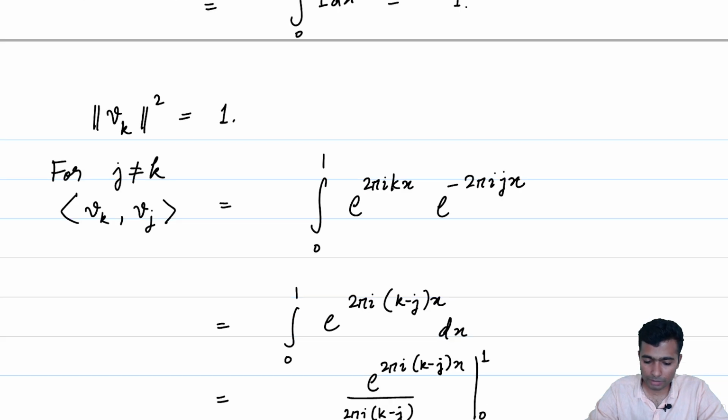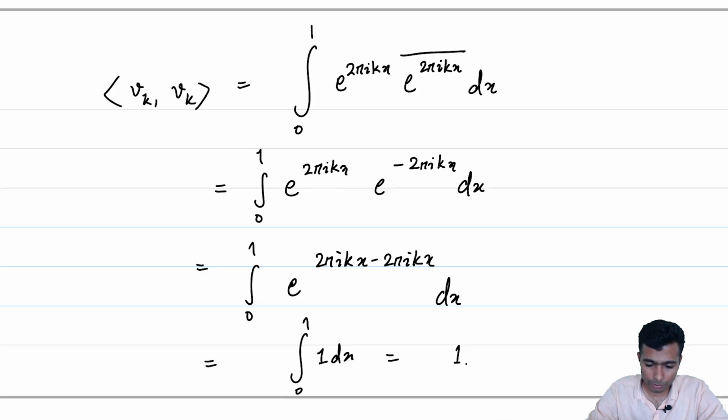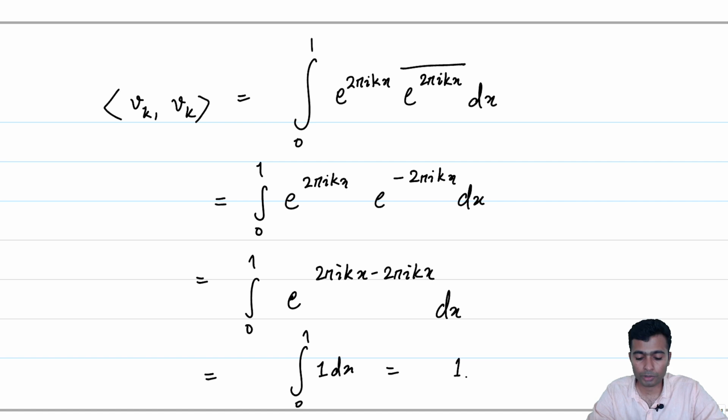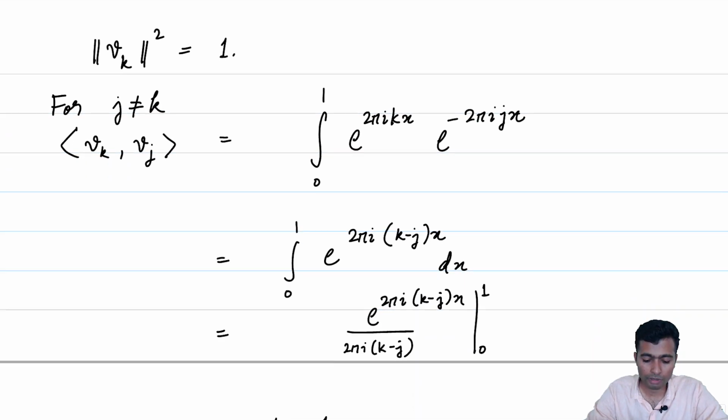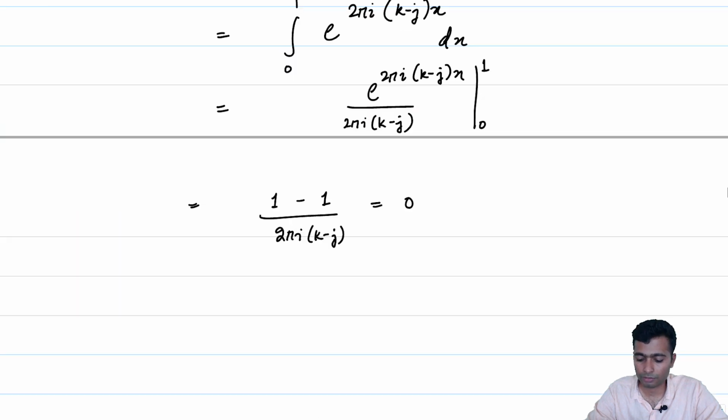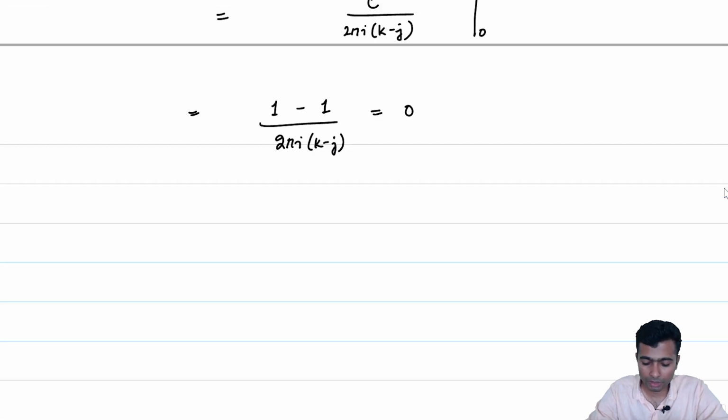So what we have established, let me just go back and show what we just proved: the inner product of vk with itself is 1, and the inner product of vk with vj is 0 for all k not equal to j.